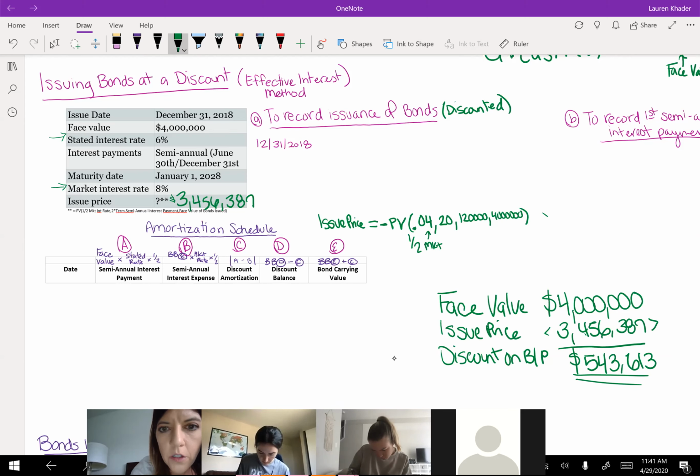Write a debit, skip a space, and write a credit. When we issue bonds, what do we receive as the issuing company? Cash, yep.